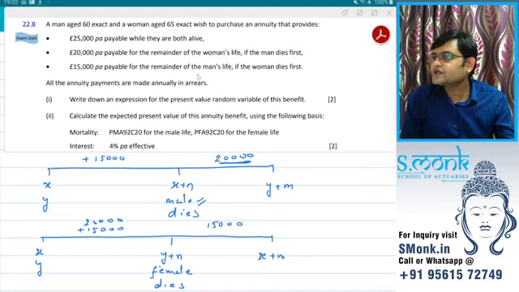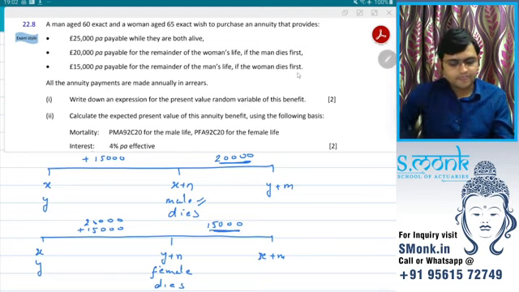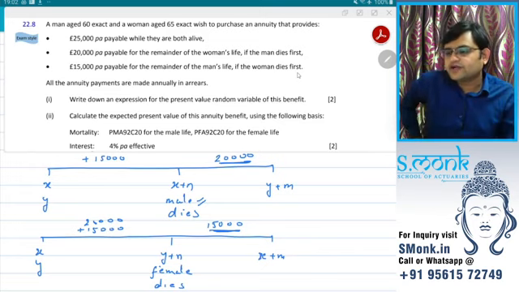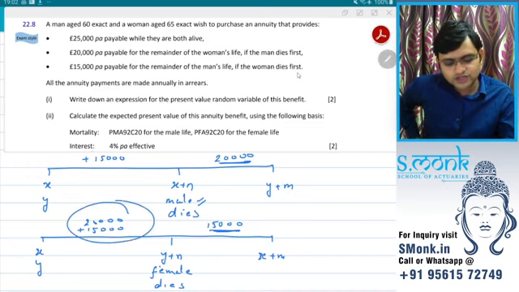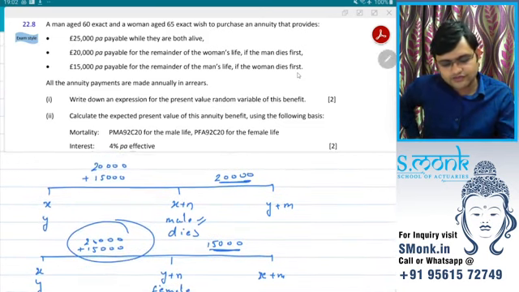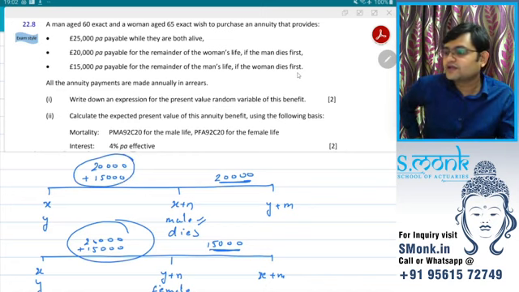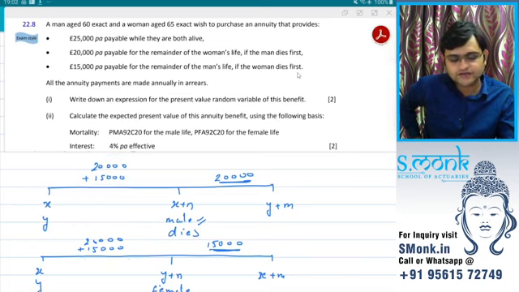And they said 15,000 payable for the remainder of man's life if woman dies first. 15,000 given to the remainder of man's life if female dies first. That seems perfect again. The only problem is this joint life. In this joint life, together they are getting 35,000, not 45,000.